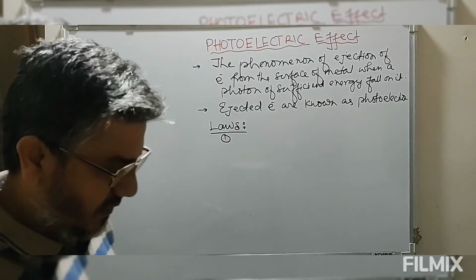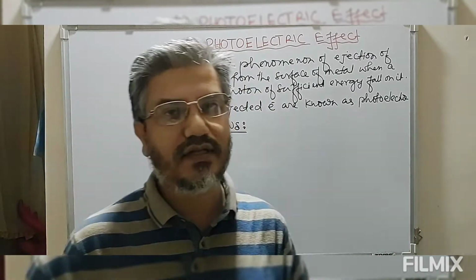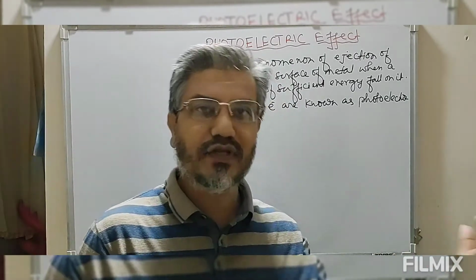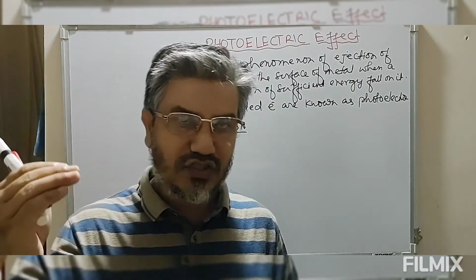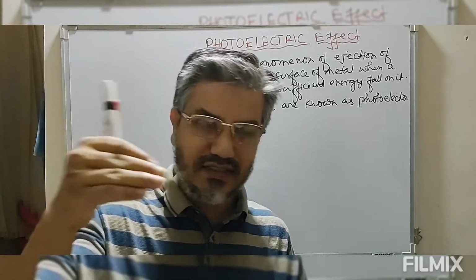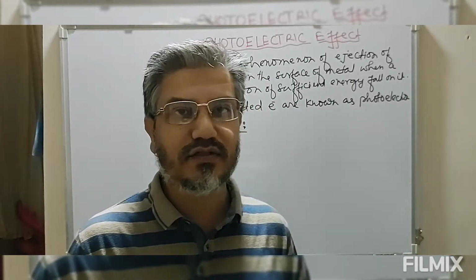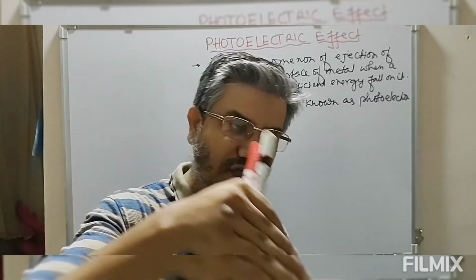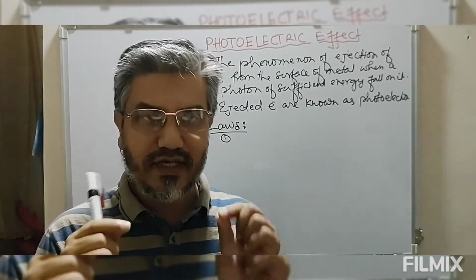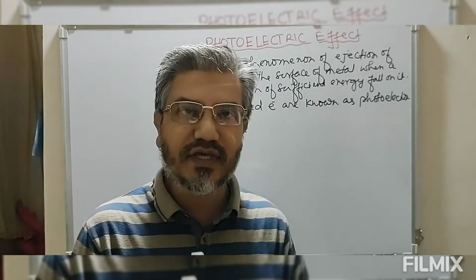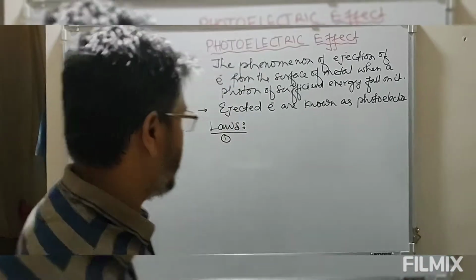So let's take the first law. Photons are striking the surface of metal and electrons are subsequently ejected from the surface of metal. There is no time lag between the strike of the surface by the photon and the ejection of the electron. That means the moment the photon strikes the surface of metal, electrons are simultaneously ejected.